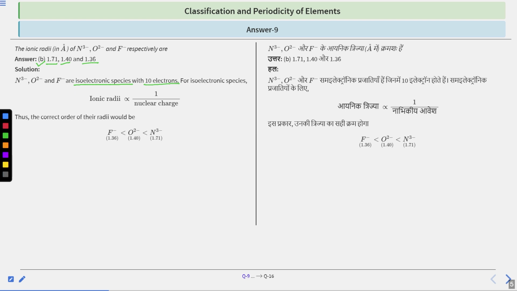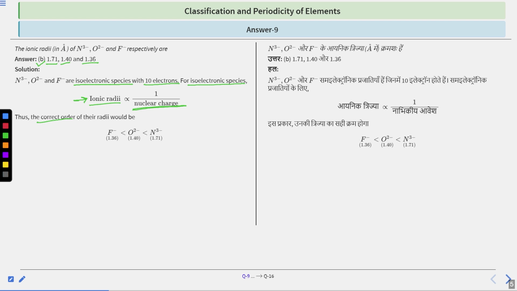So for isoelectronic species, the observation is that the ionic radii is inversely related to the nuclear charge on the species. Basically we can relate the ionic radii and the nuclear charge, and we have been given the values. We just have to find the correct one for each species.